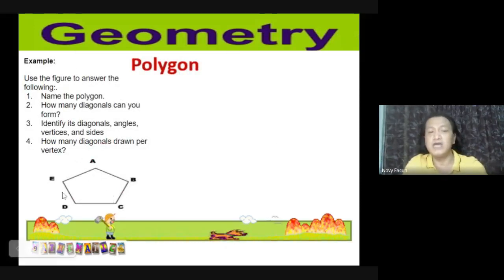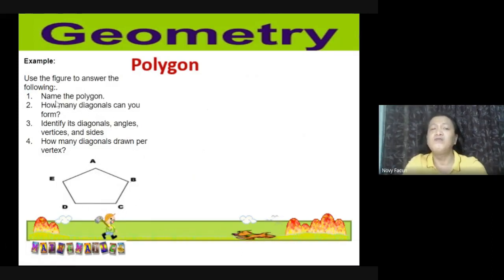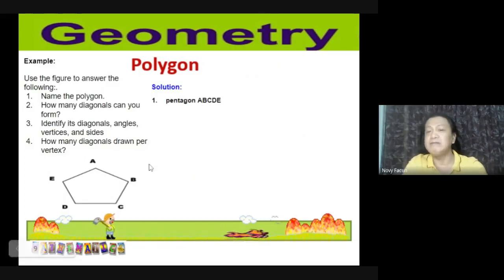So, with that, let's use the figure to answer the following. Okay, so ito yung figure natin, yung polygon. So question number 1, determine the name of the polygon. So paano kaya magpangalan ng polygon? So papangalanan natin tong pentagon ABCDE. The word pentagon means 5 sides, or this is a polygon that has 5 sides.